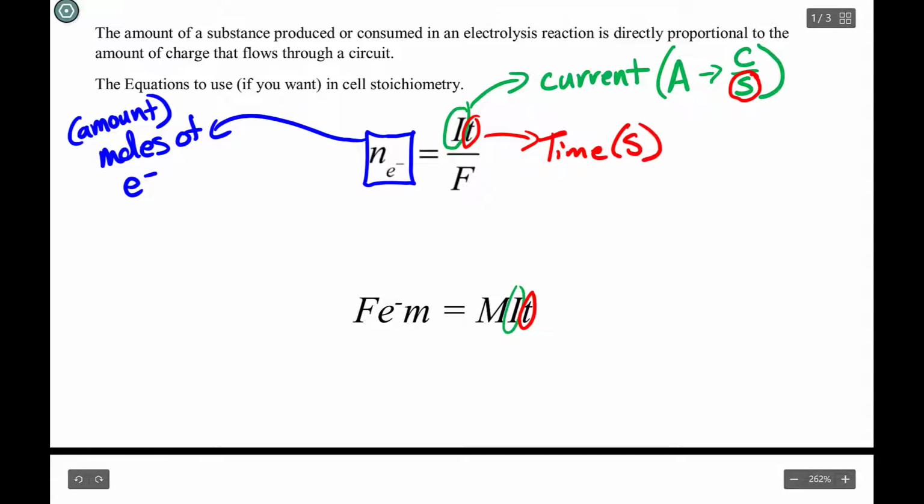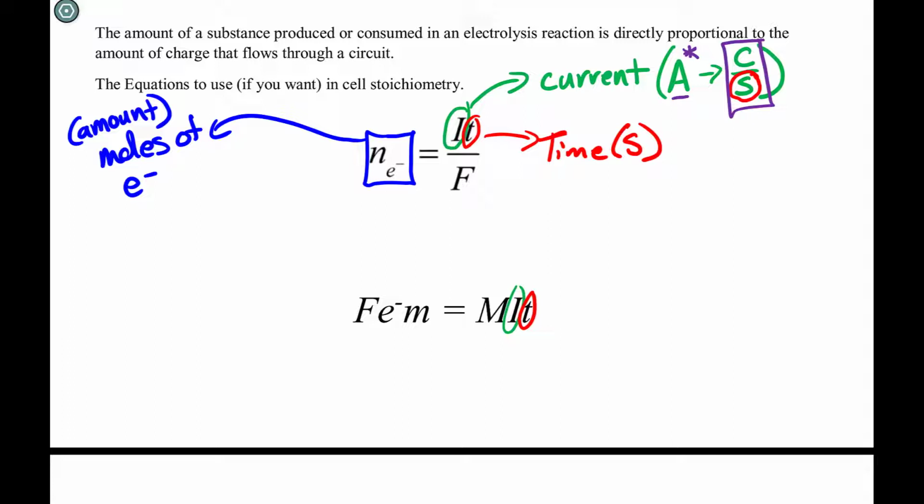Time must be done in seconds in this equation, because it has to cancel out with the seconds as part of the ampere. So when I get students to write out their units in their calculation, I never get them to do it in amperes for current. I get them to do it in coulombs per second so that they recognize that the time needs to be in seconds. Now, most questions will not tell you how many coulombs per second you have. They will tell you how many amps the cell is using.